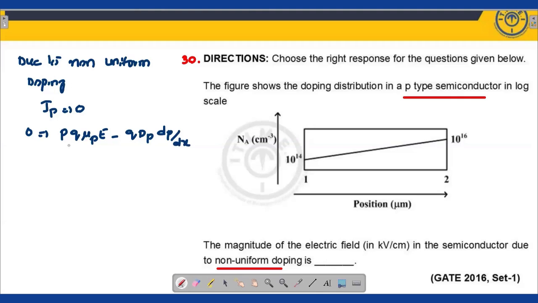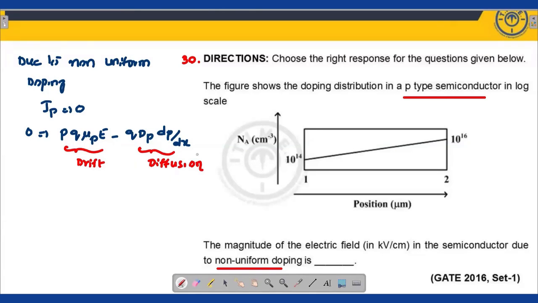This is equal to drift, and this is equal to diffusion. This is drift and this is diffusion, my dear friends, which is very important over here.